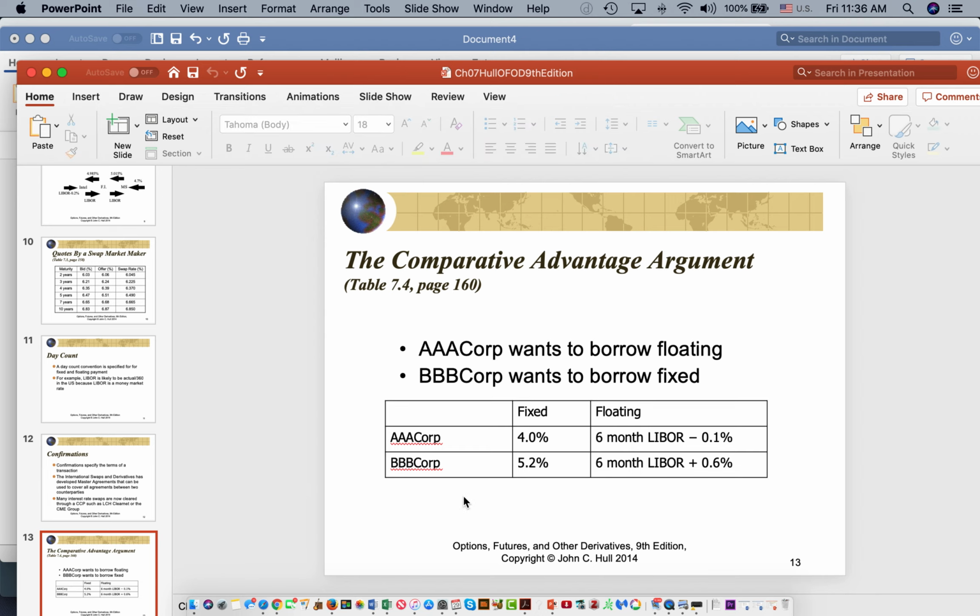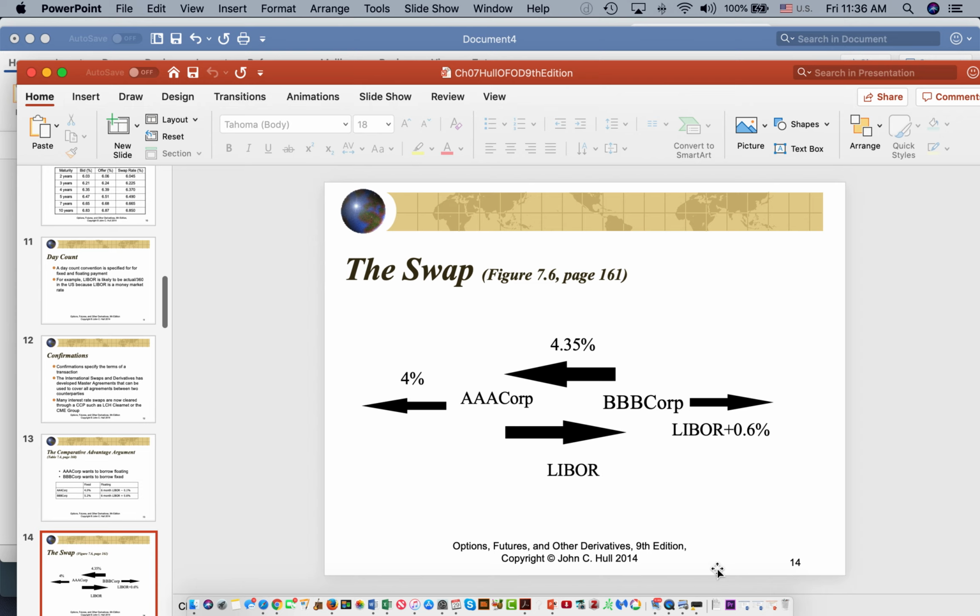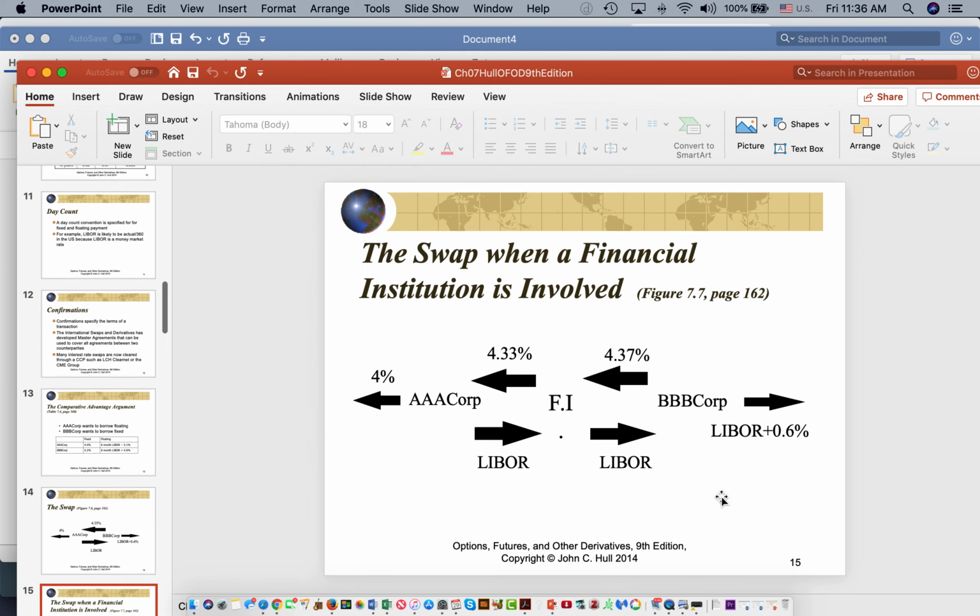And swap tells us that, even though AAA has an absolute advantage in fixed and floating over BBB, they will focus on fixed because they have a comparative advantage, and BBB has a comparative advantage here, and they do accordingly. That is, BBB giving LIBOR and AAA giving fixed.